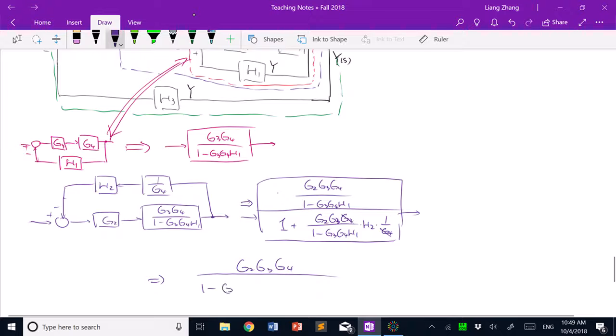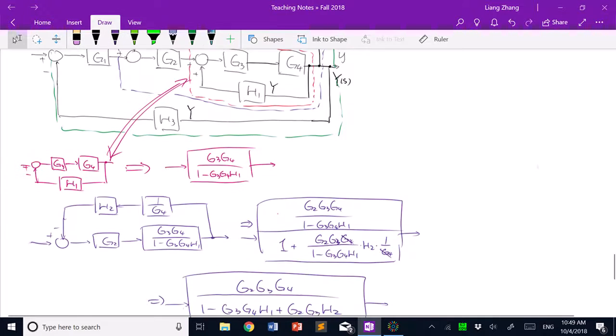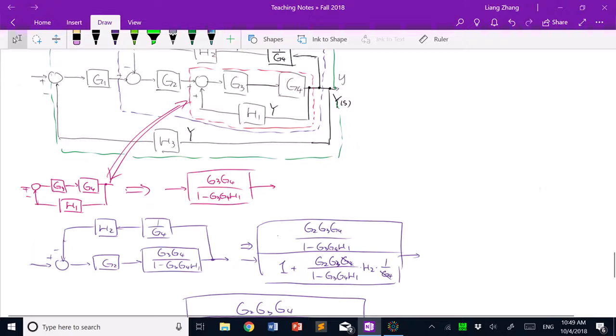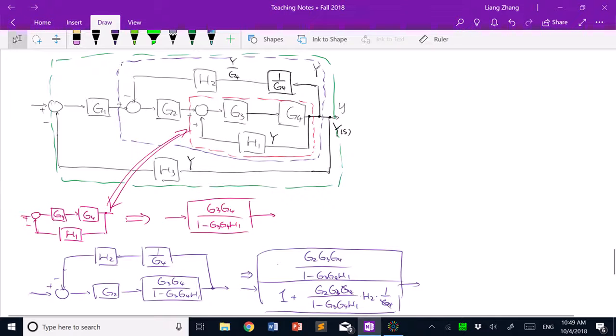How do we simplify? We multiply, row. G2, G3, G4 on top. And it will be what? It will be 1 minus G3, G4, H1. This would multiply by 1.